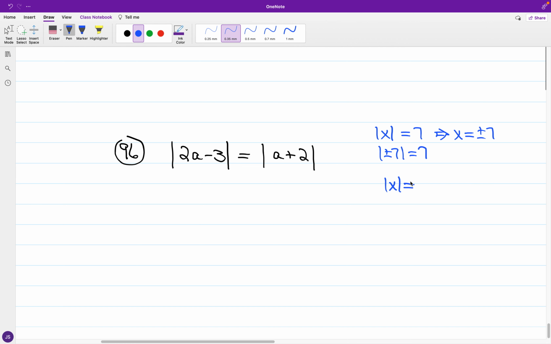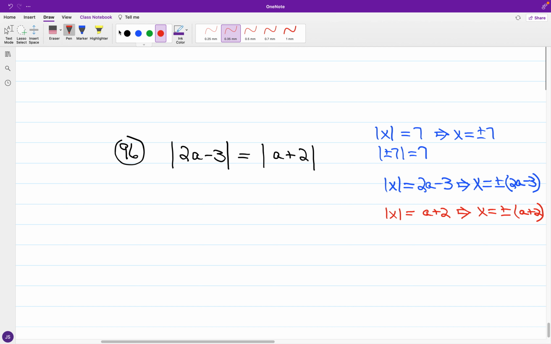If I have that the absolute value of x is equal to 2a minus 3, guess what? x would be equal to plus or minus what I have for 2a minus 3. And likewise, if I had the absolute value of x equal to a plus 2, x would be equal to a plus 2 as well as its negative.